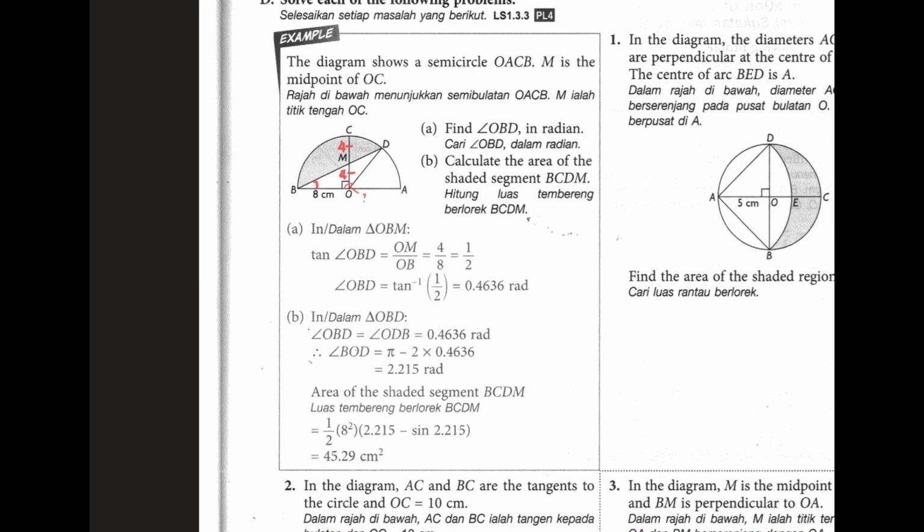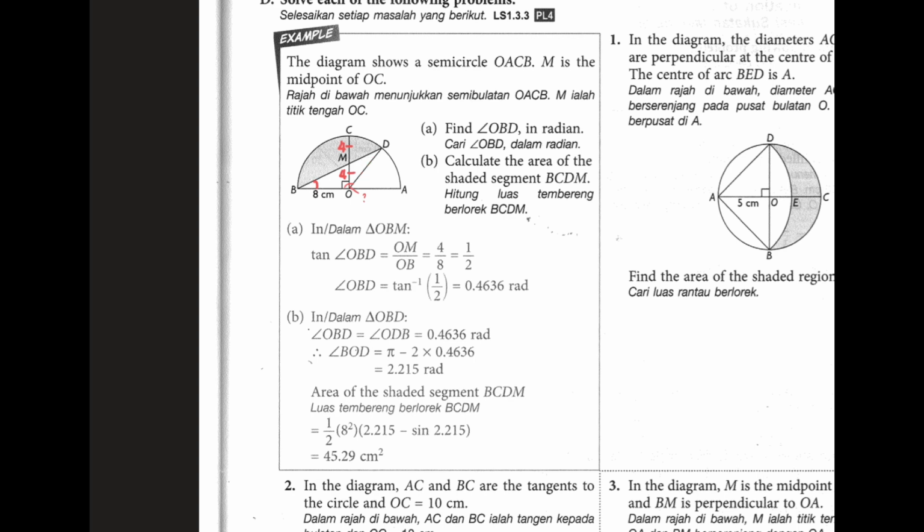Okay, now let's see the working here. Angle OBD is equal to angle ODB. Okay, so OBD, which is this one, is equal to ODB, which is this one. This and this are the same, basically because this is an isosceles triangle.